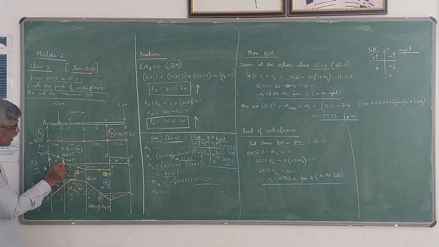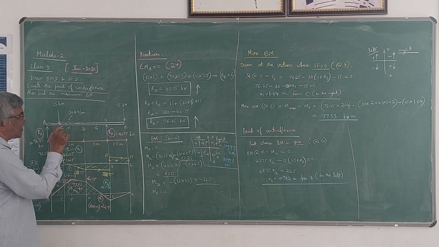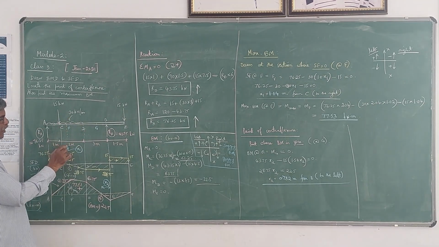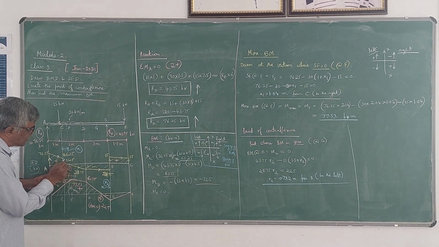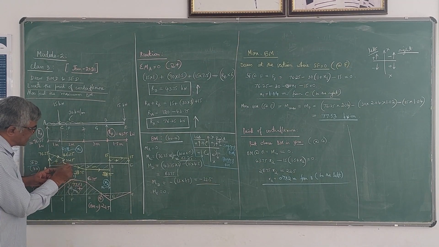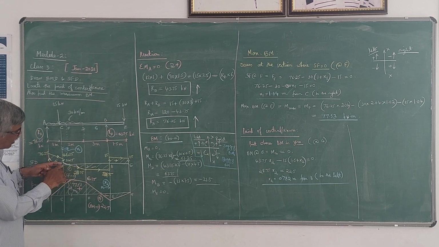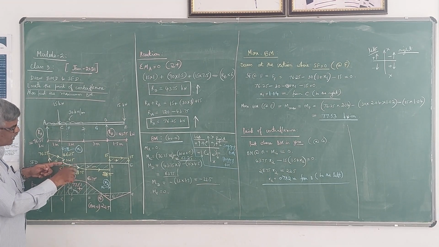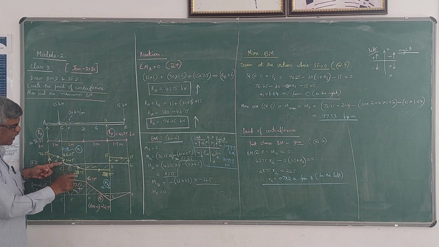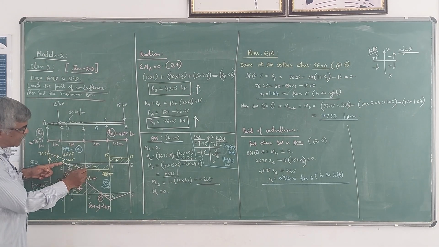Now from C to D, you have once again UDL, which is 30 into 2. The total load will be 60 kilonewton. So you have to come down by 60 kilonewton, linearly decreasing. Already 31.25 you are above the line, so 60 minus 31.25 is 28.75, and it is negative now.